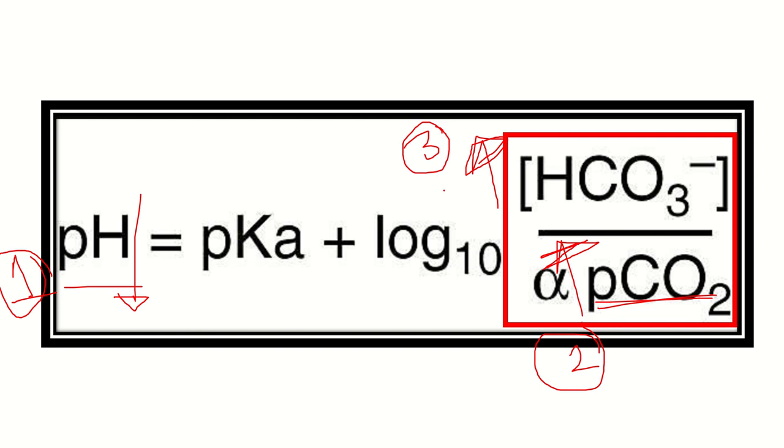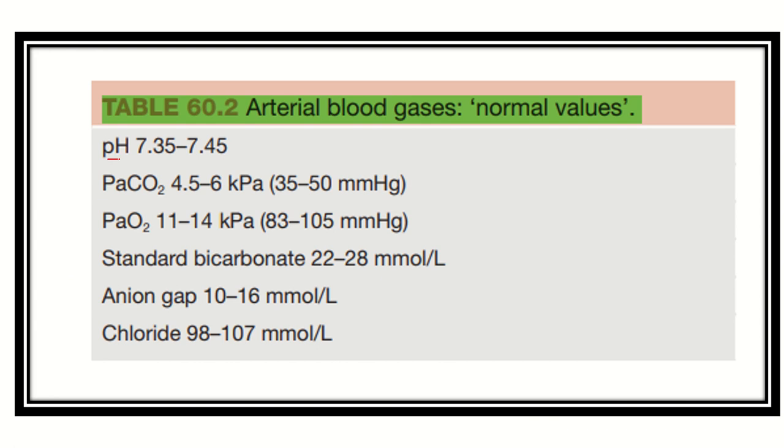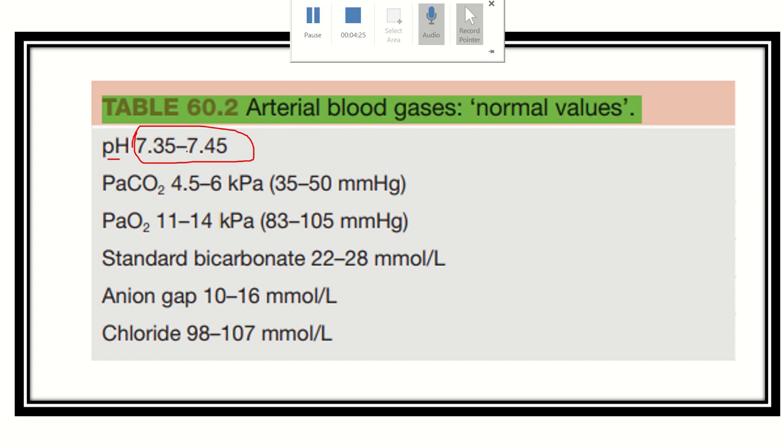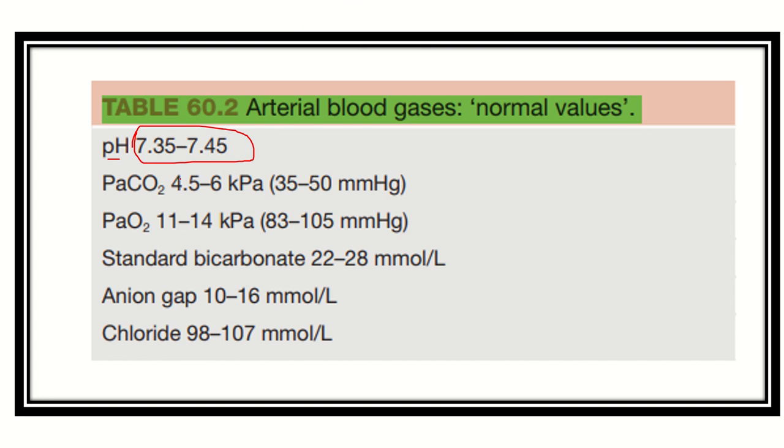So first of all, let's see the normal range of these three important parameters. First, the pH: the normal range is 7.35 to 7.45, which we have to remember very carefully. When it is less than 7.35, it is acidosis. When it is more than 7.45, it is alkalosis. The second important parameter is the partial pressure of carbon dioxide, which is normally 4.5 to 6 kilopascal.